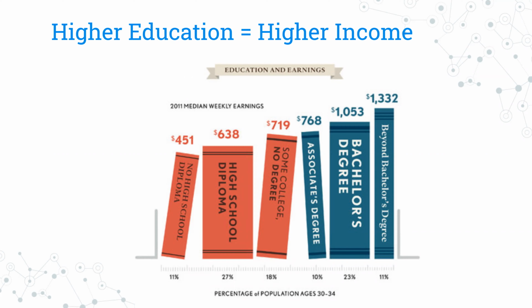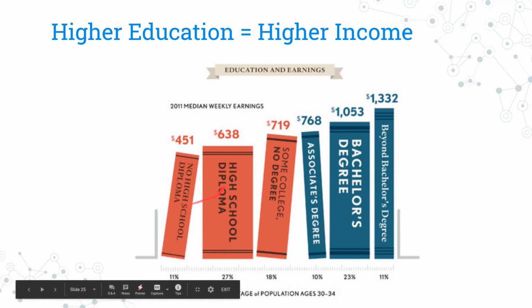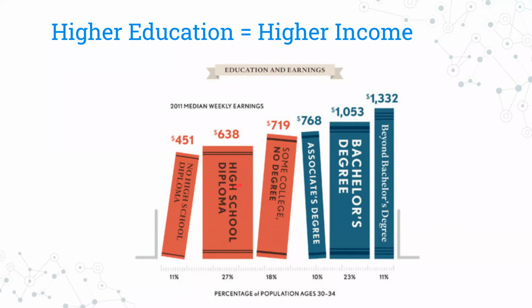This comes in handy whenever I'm seeing adolescent patients who might not know if they want to go to college or not. One thing I want to point out is that the difference between a high school diploma, some college, and an associate degree is not that significantly different. So you never want to stop with the associate's degree because it doesn't give you a whole lot of leverage. You always want to go for at least the 4-year degree or beyond.